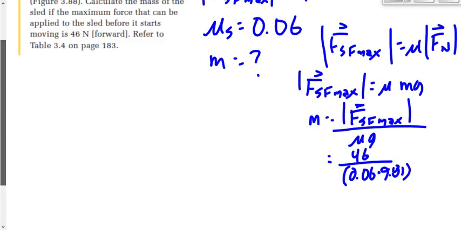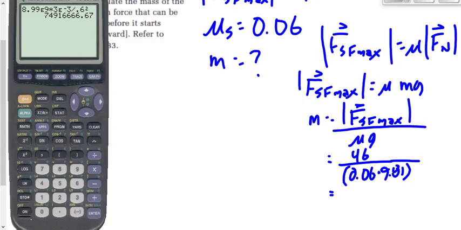We dropped the sign of the 9.81 here because we're dealing with magnitudes. Let's say 46 divided by brackets 0.06 times 9.81. 78 newtons, or 78 kilograms.